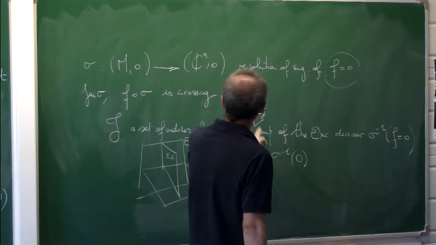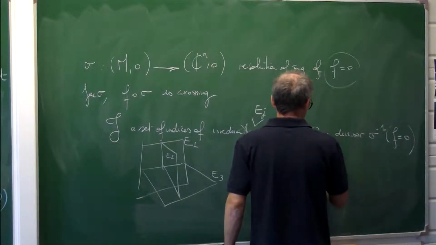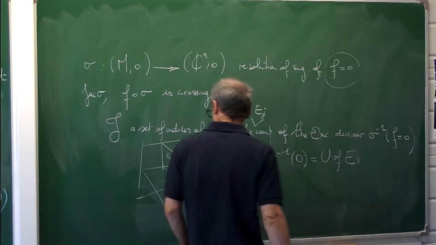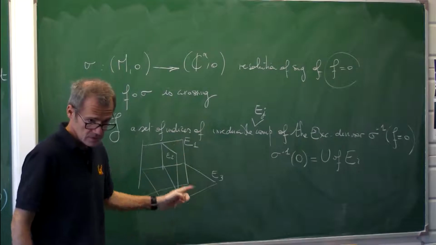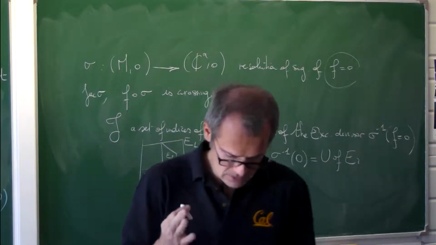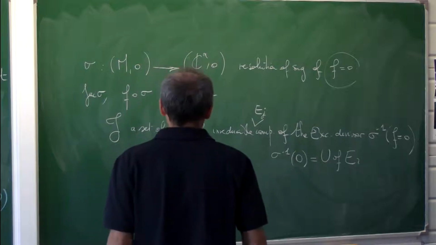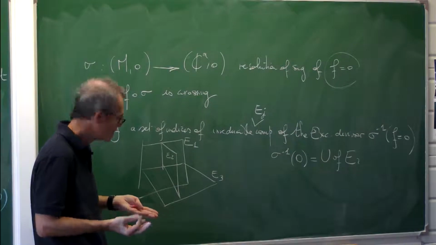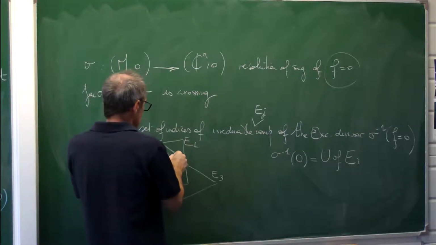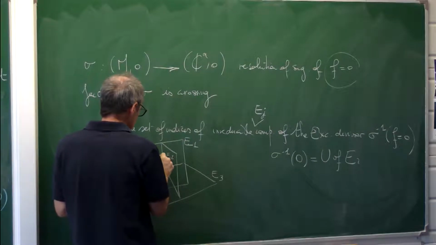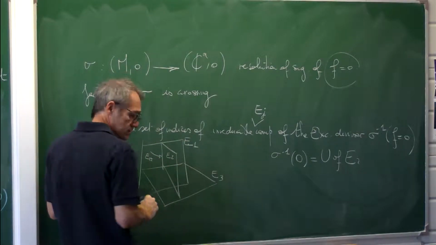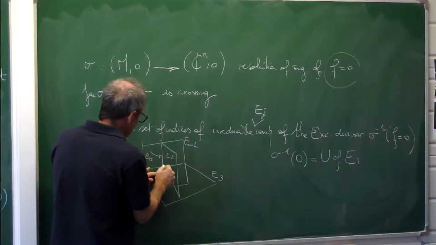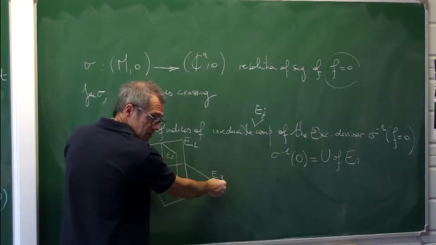We also assume that the preimage of the origin by sigma is a union of the components of the divisor Ej. And we have a natural stratification here, given by intersection. If I intersect two components, say E1 and E2, here I define the intersection as E12. But since I want a stratification, I would like to subtract the points given by other components.